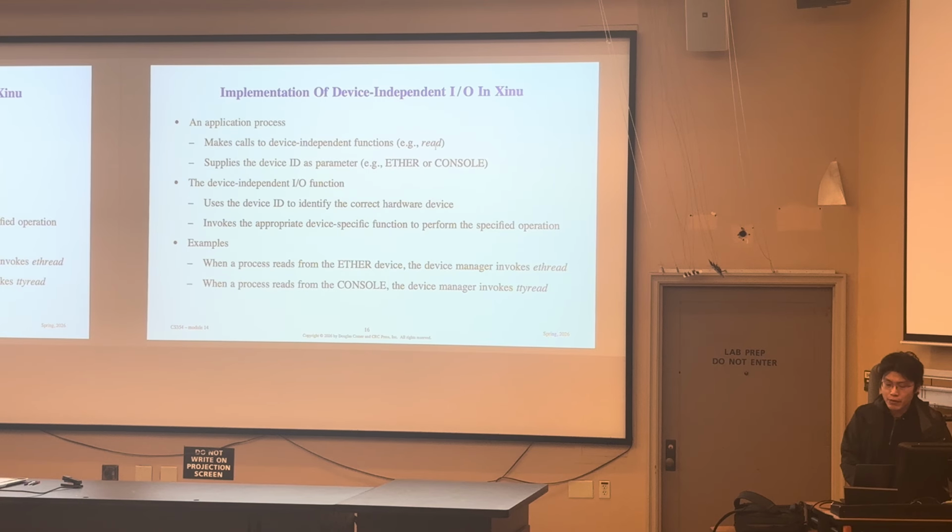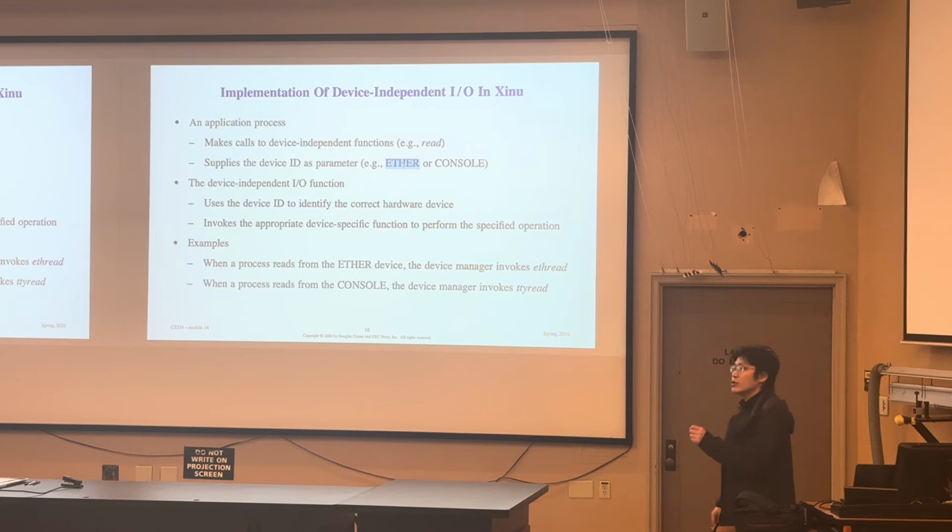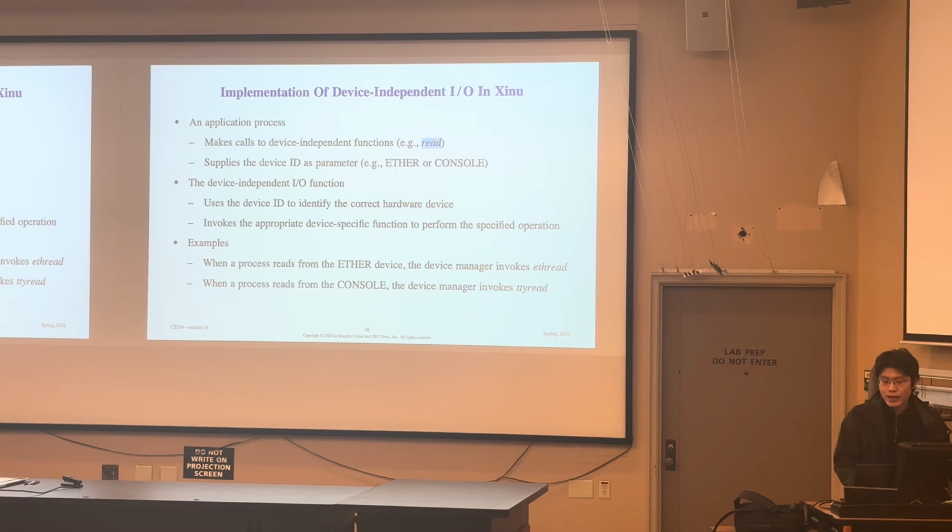This is very straightforward. When I call read with Ethernet as a device ID, it means that I want to use the network card's read operation, a read function. If I call read with console as a parameter, it means I want to use the console's read operation.